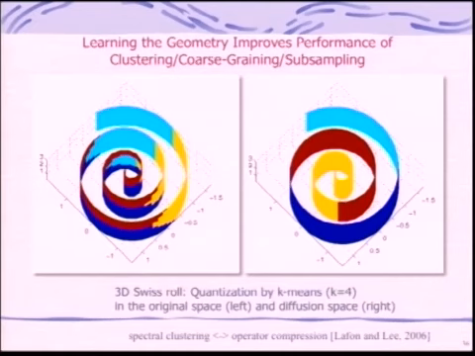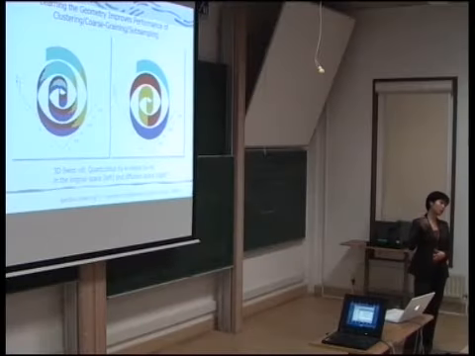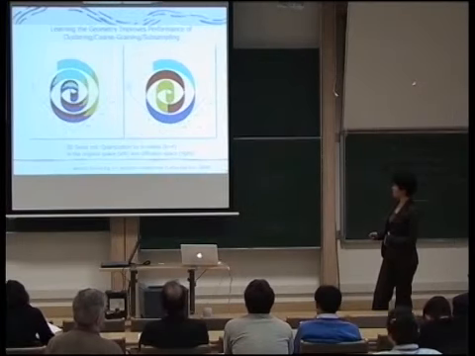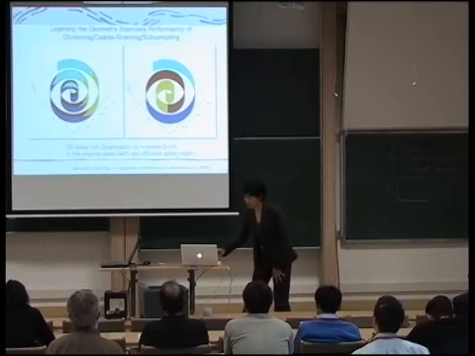In this example, we applied k-means in diffusion space, so we're learning the inherent geometry of the data. And in a paper with Stefan, we also have a rigorous justification for why you would use k-means in spectral clustering. We actually show that spectral clustering can be seen as an operator compression problem.